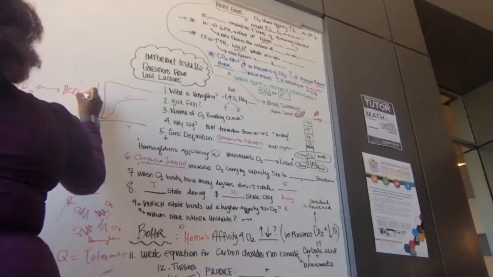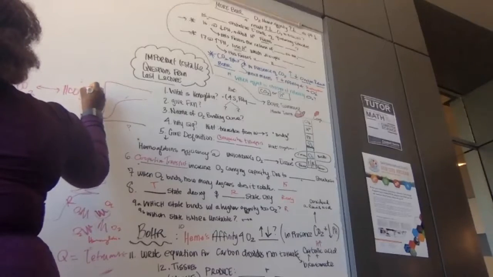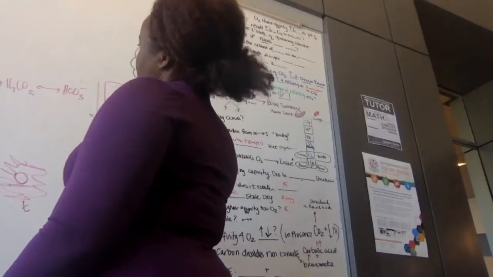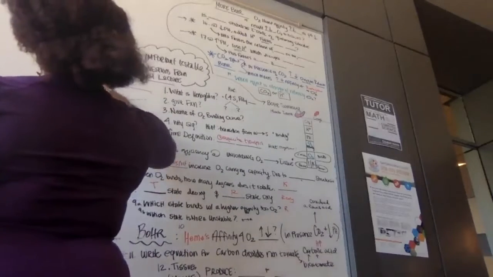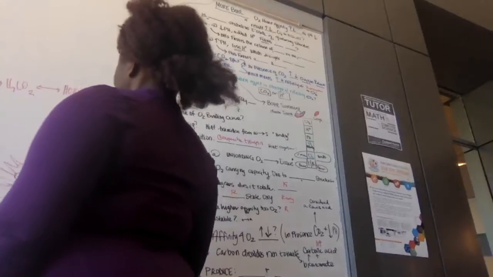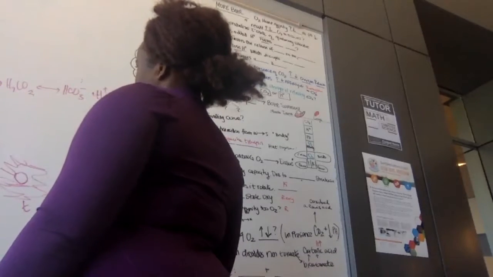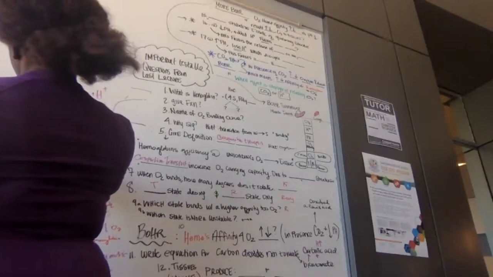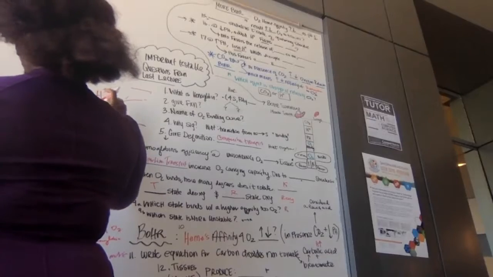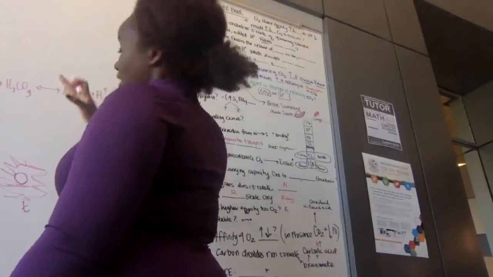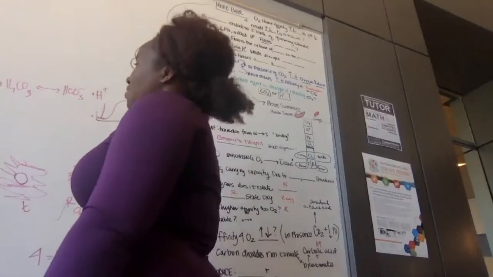Is that H2CO3, a 2 or 3? It's H2CO3, and the arrow goes both ways. As you can see, my struggle is real; it took such a long time for this.